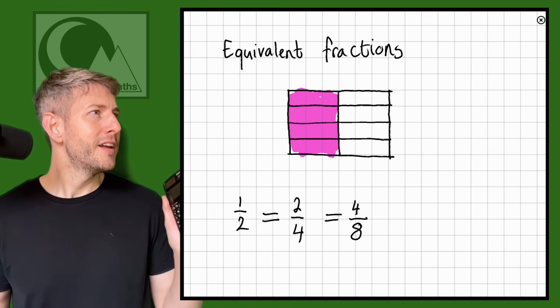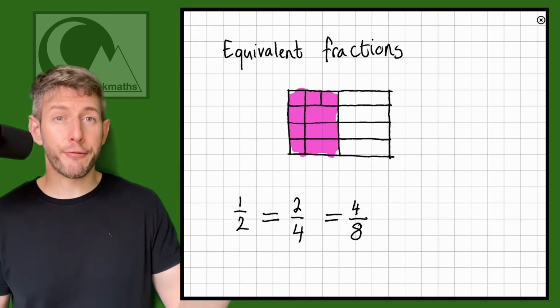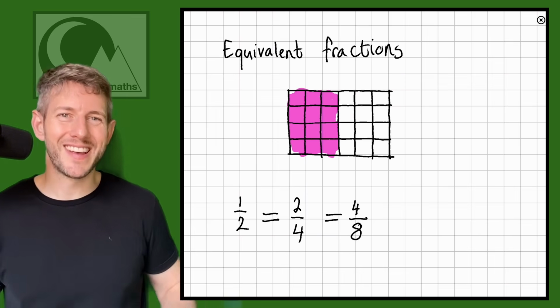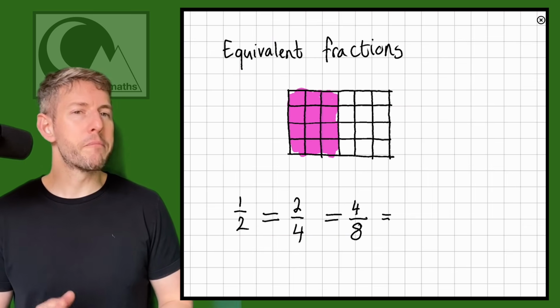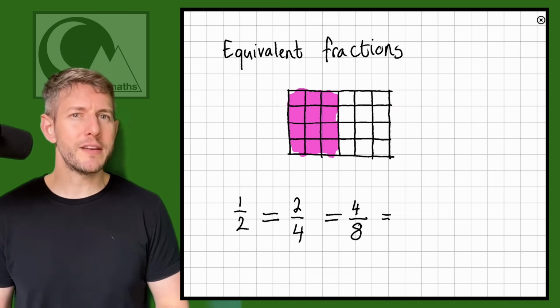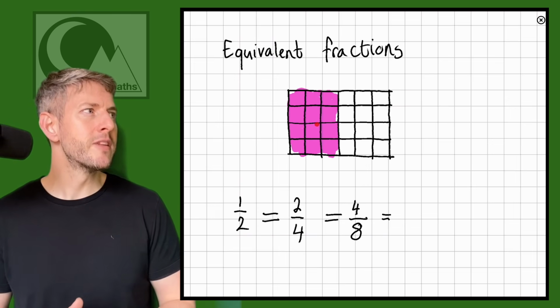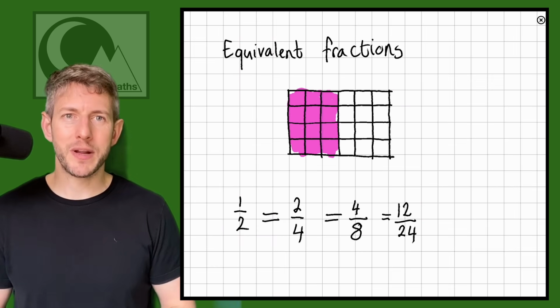Now, lastly, I want to divide these parts into threes. Okay, so I'm going to put two lines here, two lines there, and two lines there. So here we go. We can now see that we've broken the shape down into 24 small squares. Now, if we count the squares that are shaded, we can see that we have 12 shaded squares out of 24.